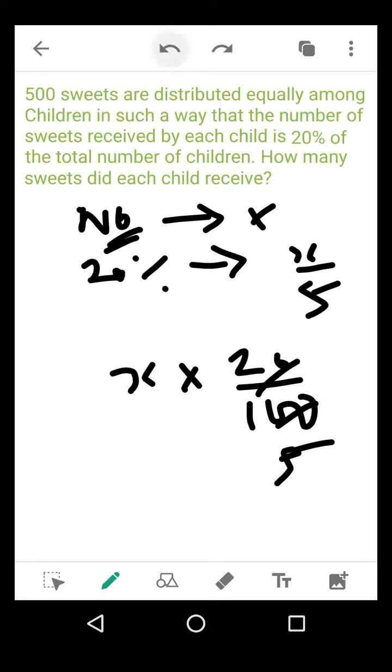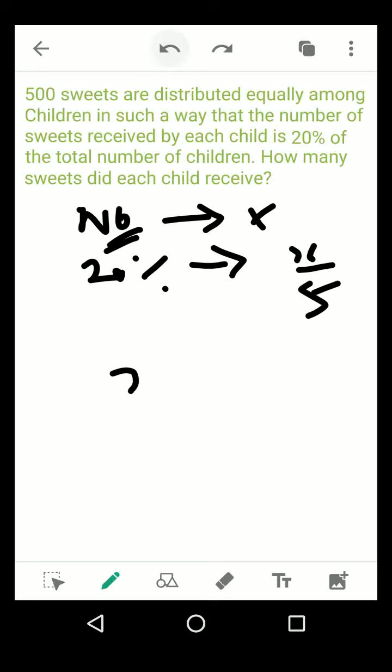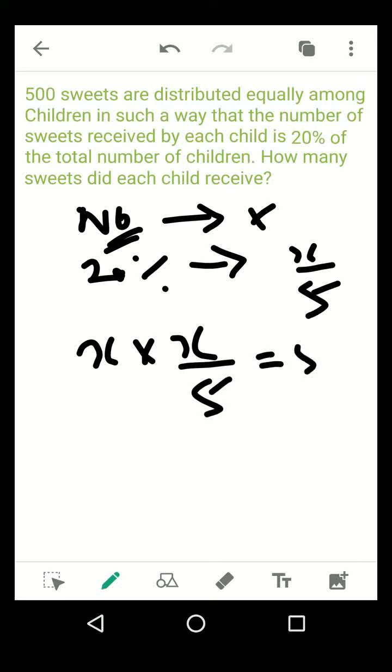Now x by 5, where the number of children is x and 20% of the children is x by 5. So x into x by 5 will be 500, that is the number of sweets they have given.